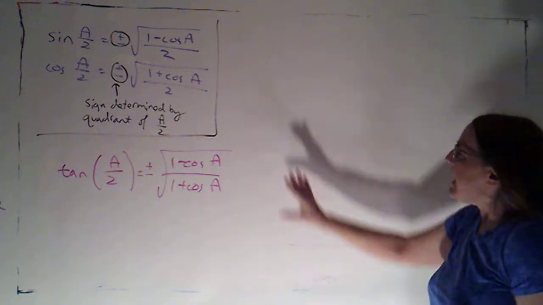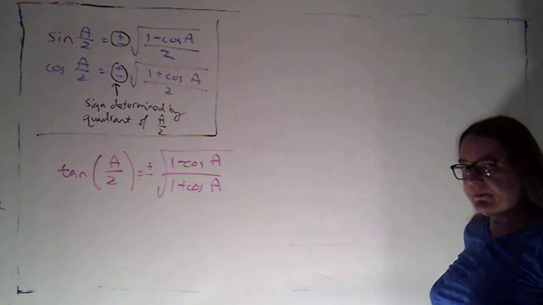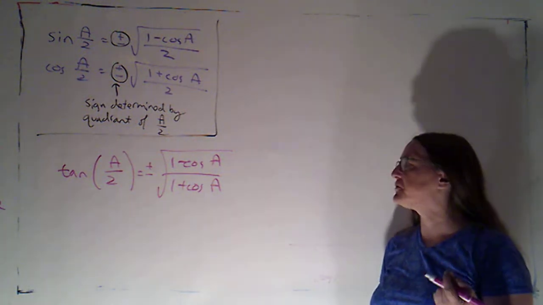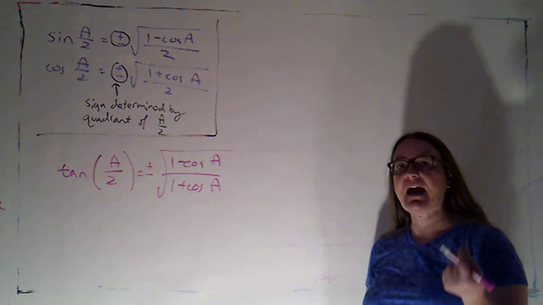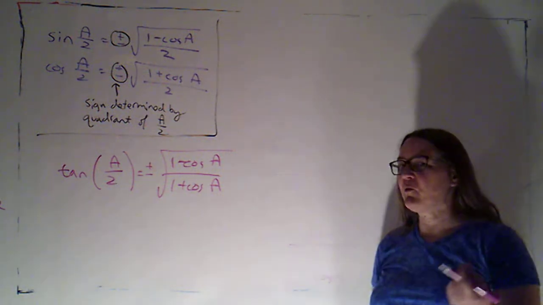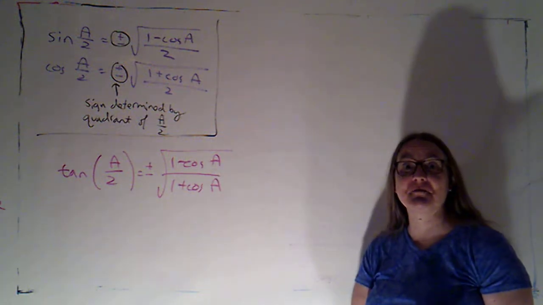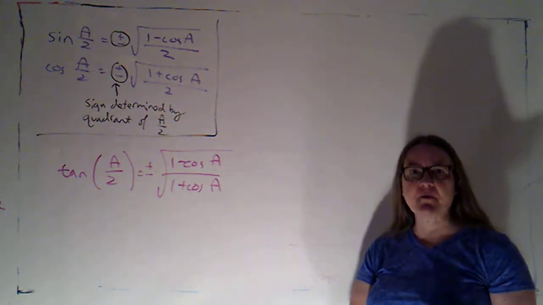It turns out, though, that I can simplify this a little bit, and there are two forms that are more user-friendly, because we can eliminate the roots and we can eliminate the plus or minus, which is kind of amazing.